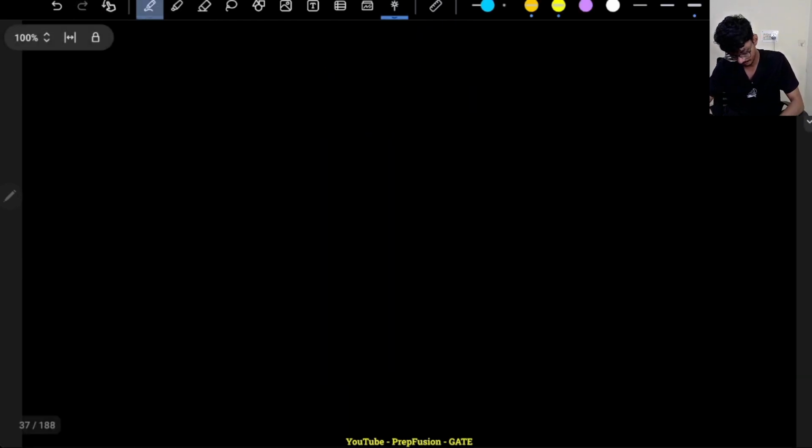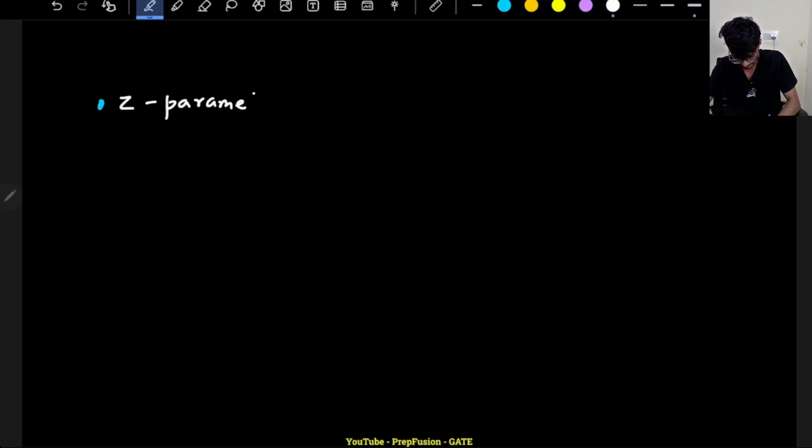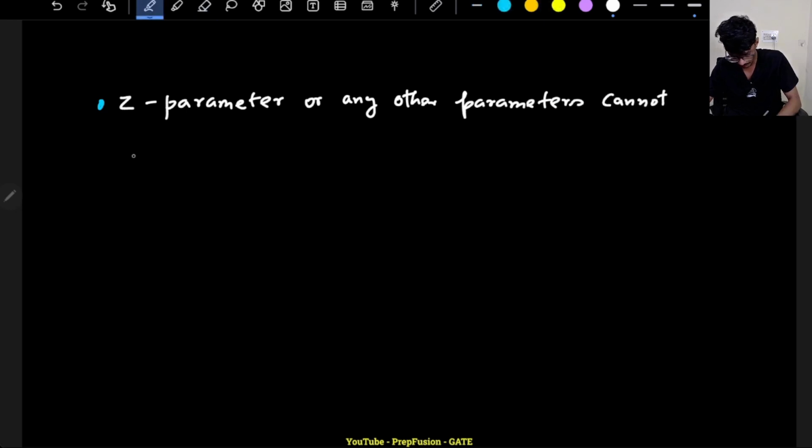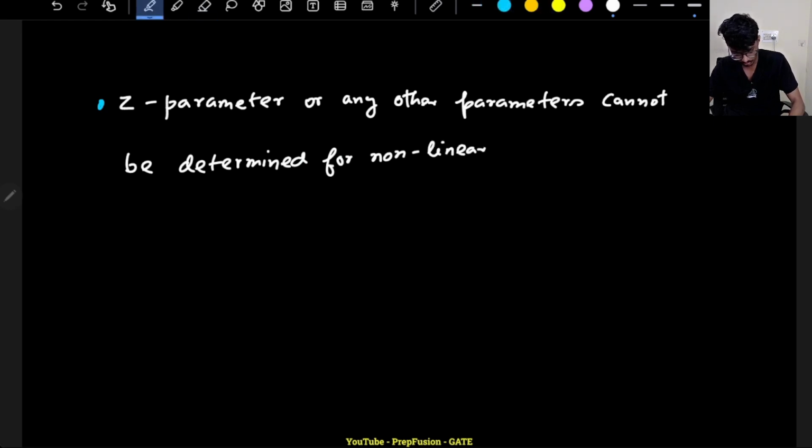So I will write here, very important point: Z parameters, or any parameter for the fact of the matter, or any other parameter whatever we will learn, cannot be determined for non-linear networks. Okay, so yeah, just be careful about this.